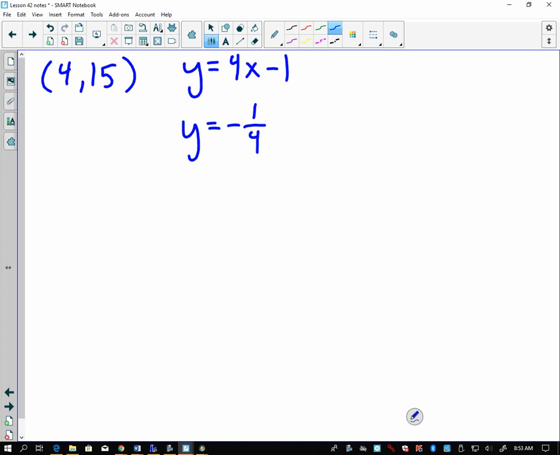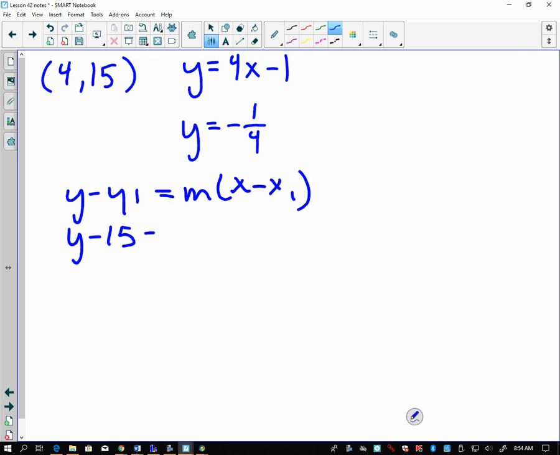All right, so we know y equals negative 1/4 x. But in this case, because we're not working with 0, 0, I have to actually plug in. So I can do y minus y1 equals m times x minus x1. That's going to give me y minus 15 equals negative 1/4 times x minus 4.